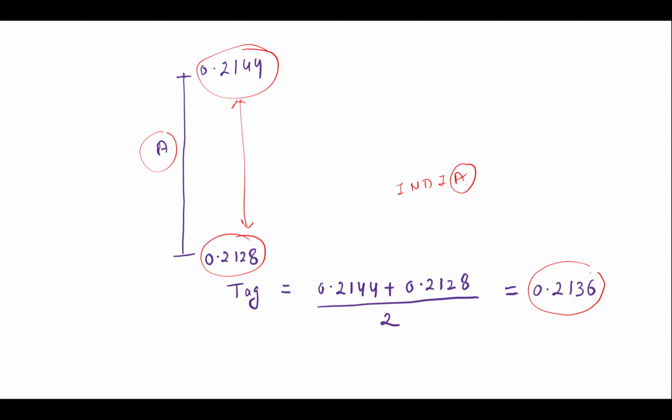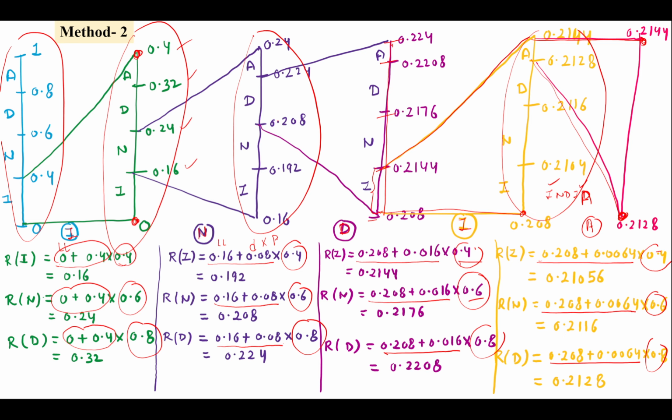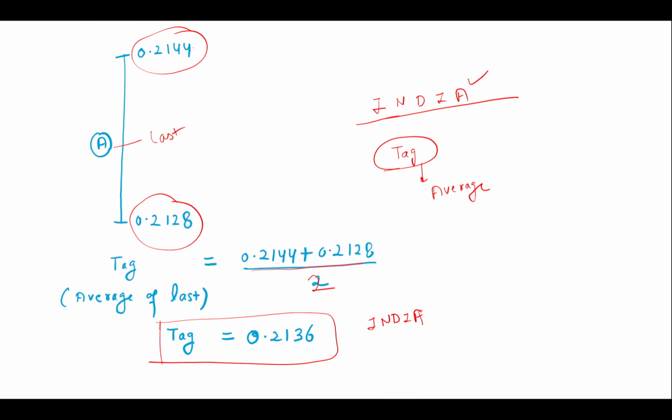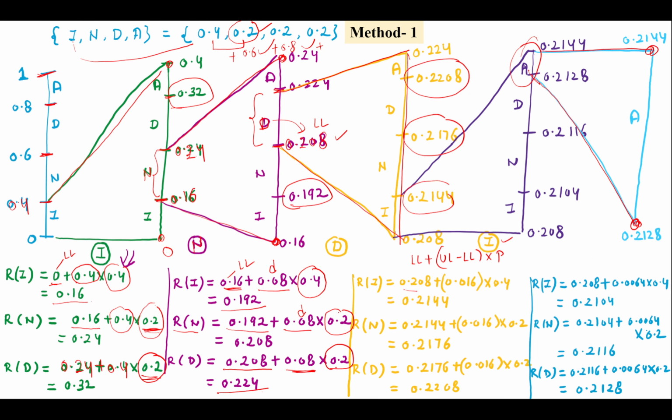So the decoding method is the same as we discussed in method one. In both methods there is only a small difference in the calculation part, but ultimately your result is the same. Definitely in method one and method two you get the same tag value.